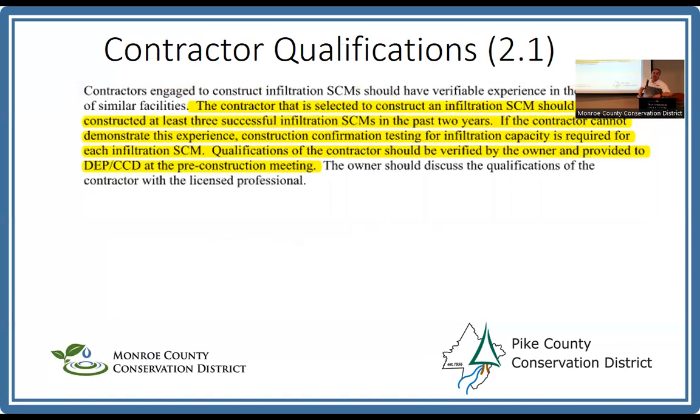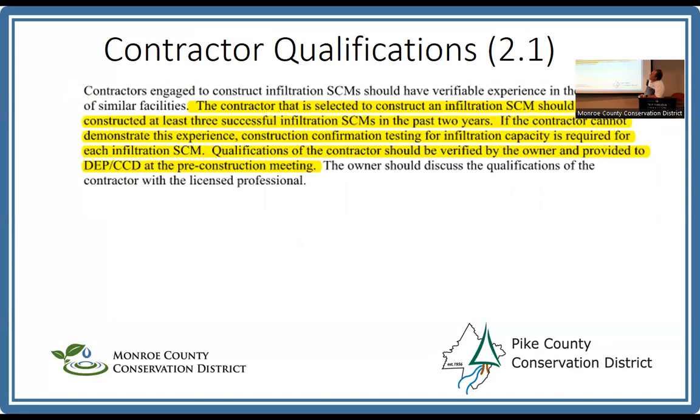Contractor qualifications. So there's a statement in here about the contractors. Constructing infiltration SCMs should have at least 3 successful infiltration SCMs in the past 2 years. If the contractor can't demonstrate this experience, construction confirmation testing is required for each infiltration SCM.